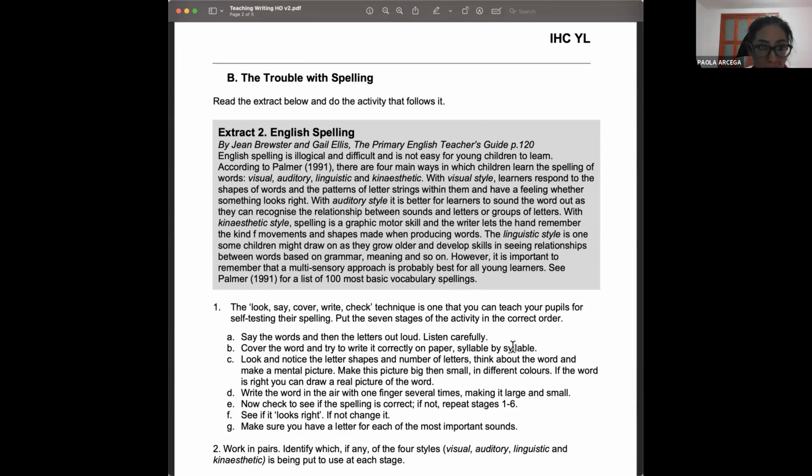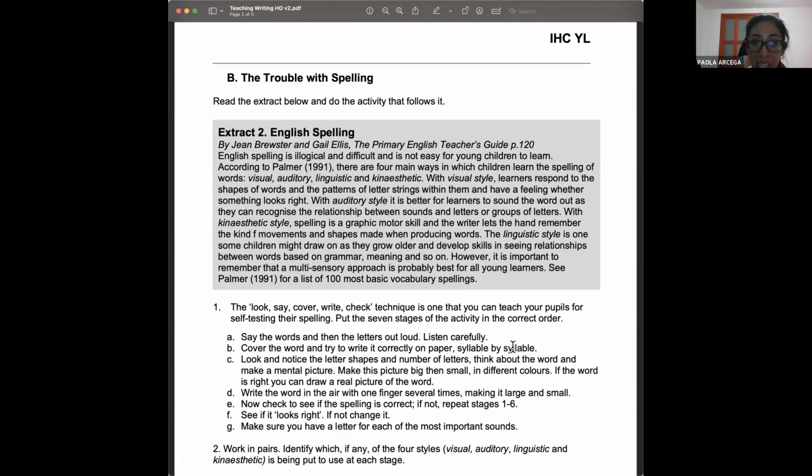With kinesthetic style, spelling is a graphic motor skill, and the writer lets the hand remember the kind of movements and shapes made when producing words.